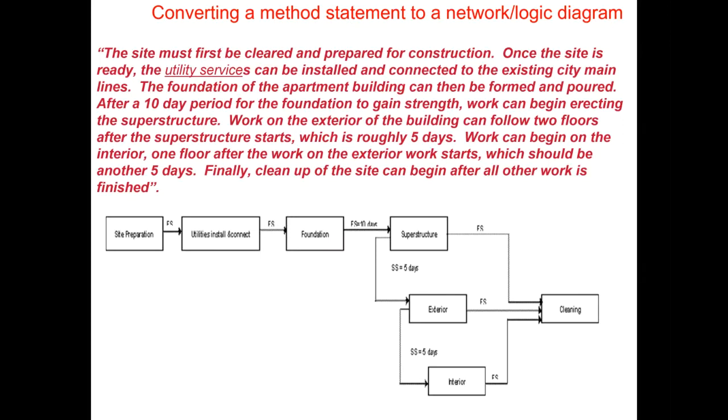So we have sort of a done example here. Here you can see all the relationships are finish to start, which essentially means that the preceding activity must finish before subsequent activities will start. So you have to finish installing the utilities before you will lay the foundation.